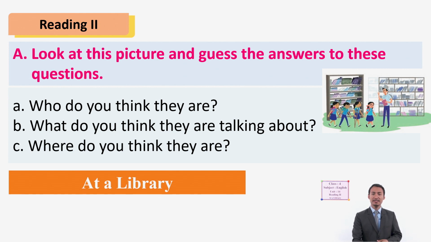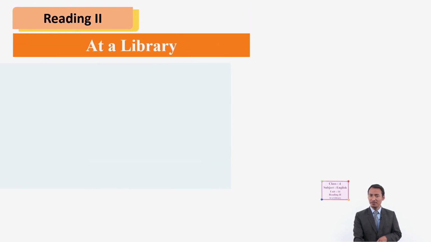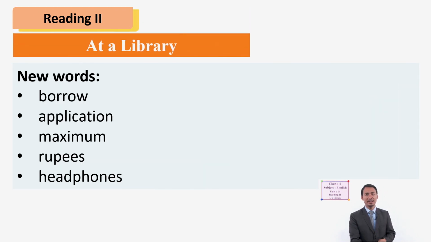Before starting the conversation in the text, we are going to look at some of the words that we have here. So let's pronounce them first. How do you pronounce this first word? Yes, you have to say borrow. Borrow.